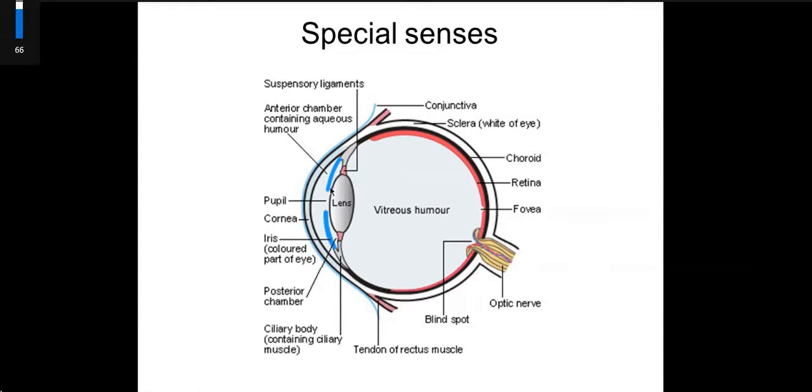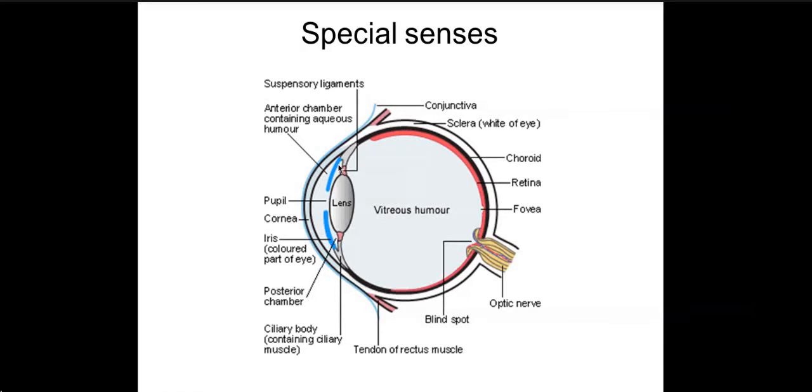From here the aqueous humor is formed, and it comes here, and then in between this cornea and the iris diaphragm, at this junction, there is the canal of Schlemm through which the aqueous humor enters into the venous stream.